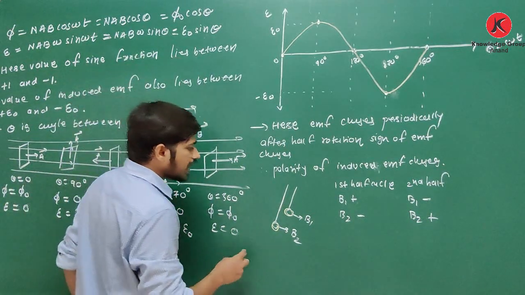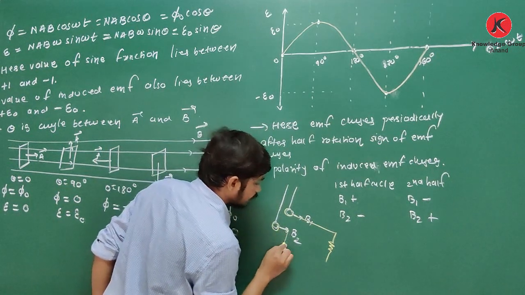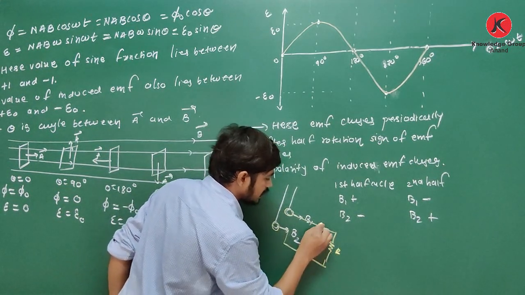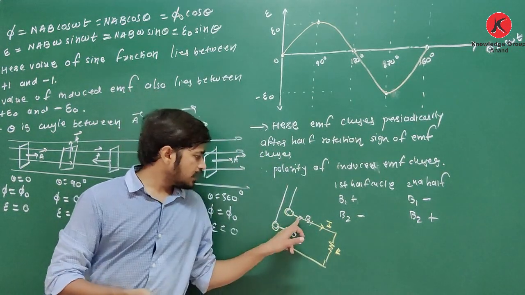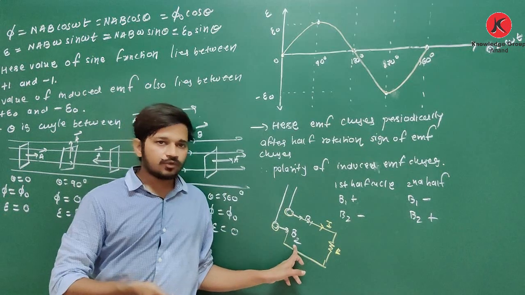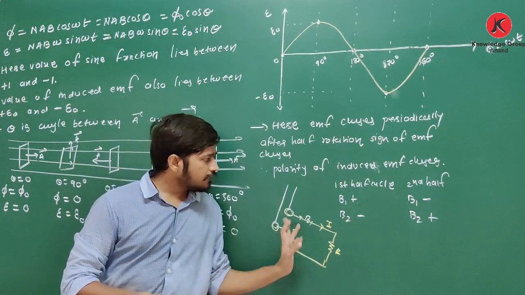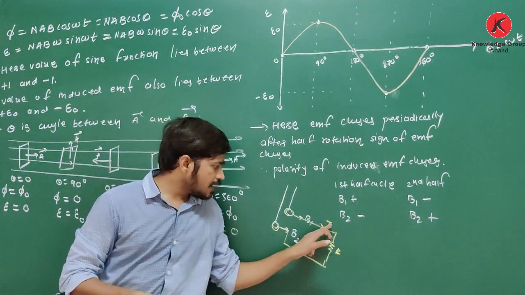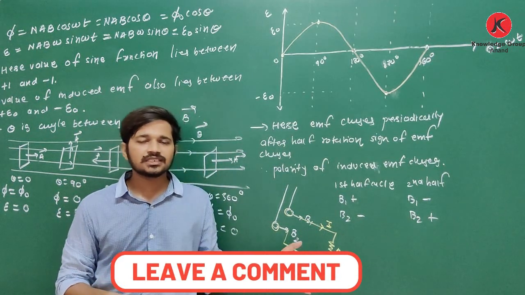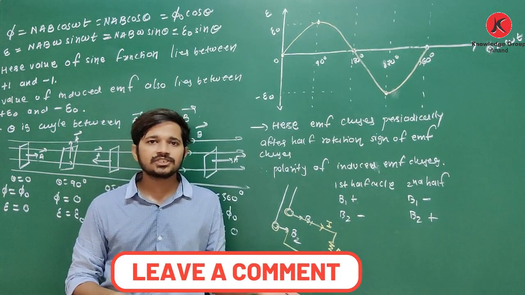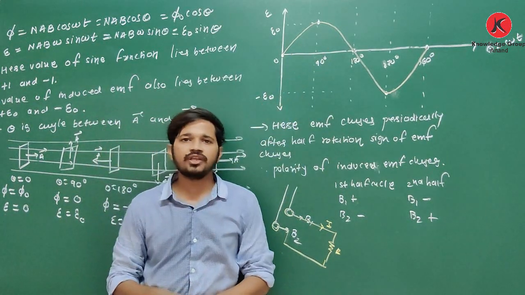If I connect these two slip rings with some external resistance, current flows through the resistor. When B1 is positive and B2 is negative, current flows in this direction during the first half cycle. If polarity changes during the half cycle, the direction of current also reverses, due to the change in direction of EMF.